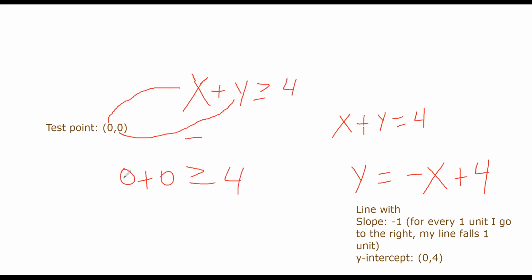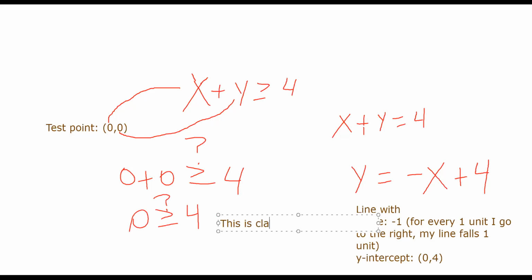Now that I'm testing it, I'm asking, is that the truth? What's 0 plus 0? 0. Is 0 greater than or equal to 4? No, of course not.